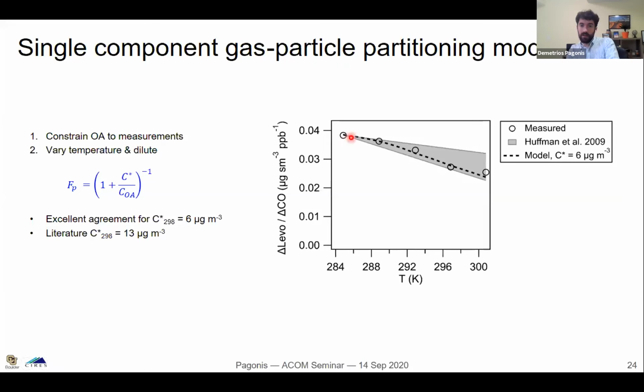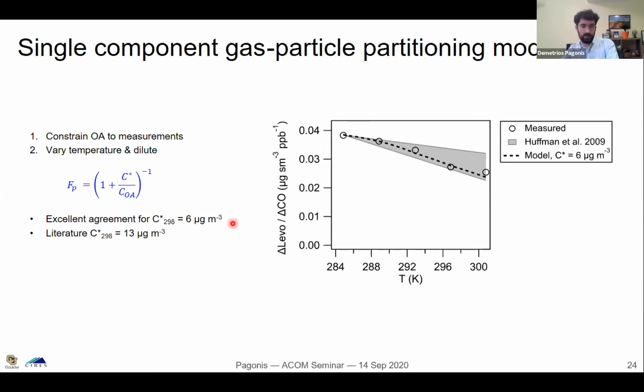And when we do this, the dashed line here is our model for a compound with a C star of 6 micrograms per cubic meter. And now the measured value for levoglucosan in the literature is 13 micrograms per cubic meter. And if you use the structure-activity relationships that are out there to estimate the vapor pressure, you get a similar value to what's measured.